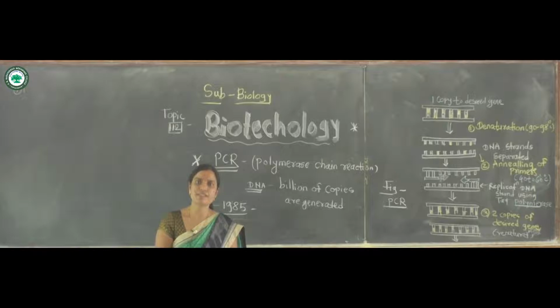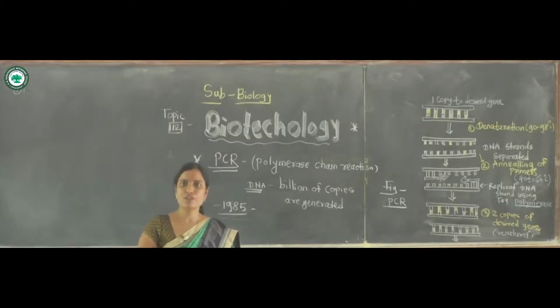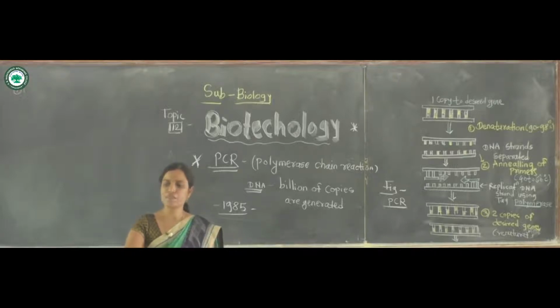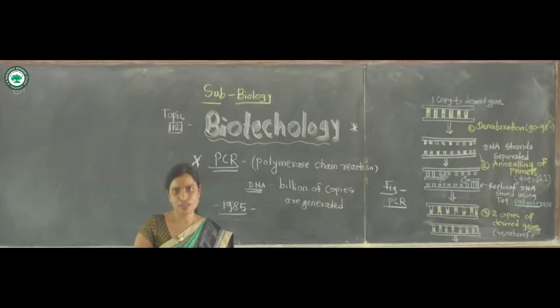Kary Mullis, this scientist, discovered this machine, and later, in 1993, Kary Mullis was awarded the Nobel Prize. This PCR machine is useful for the generation of billions of DNA molecules, or production of the DNA molecules takes place through this machine.